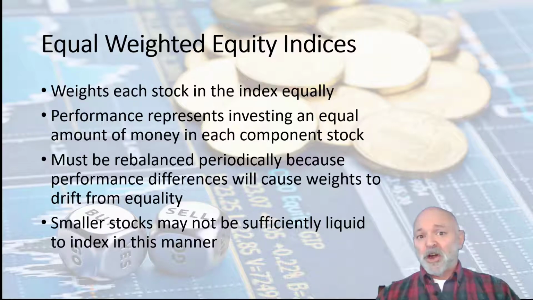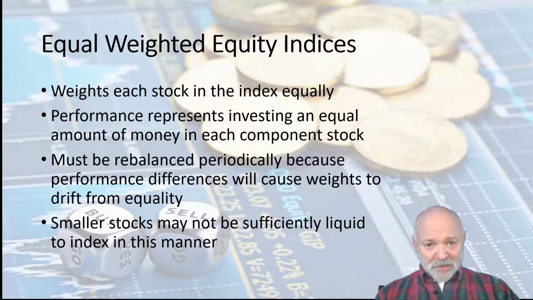Now, a less commonly used variation of an index is the equal weighted equity index, and essentially this one just takes every stock in the index and gives it an equal weight. So if we have 500 companies that are in our index, 1/500th would be the value of that particular stock. So they don't try to really adjust the weight.